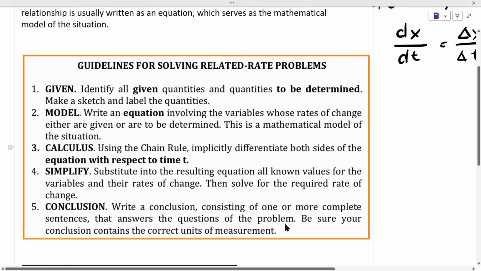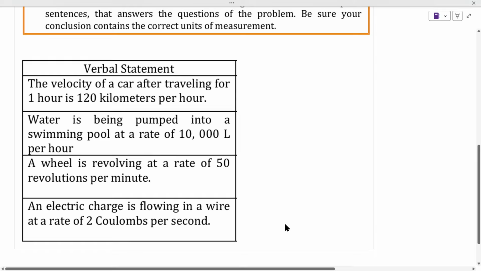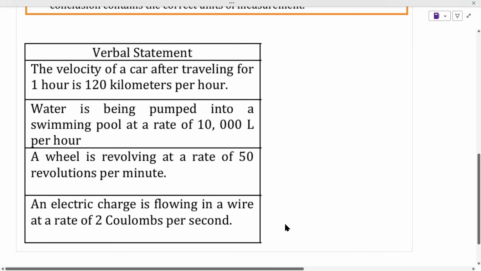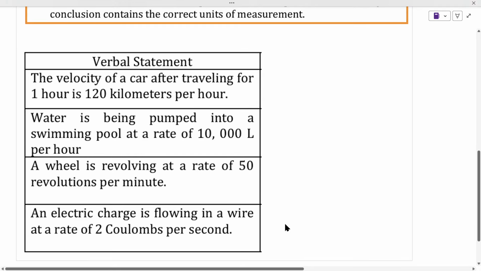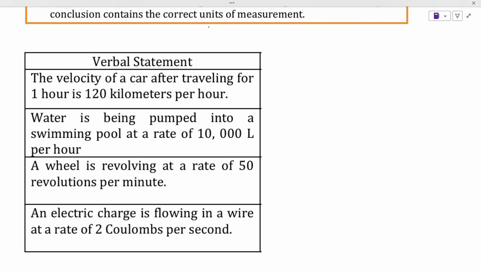Before we proceed to some problems, let us first have some practice converting your verbal statement into a mathematical statement, or modeling it. Let's say we have the velocity of a car after traveling for 1 hour is 120 kilometers per hour. What are the parameters involved here?